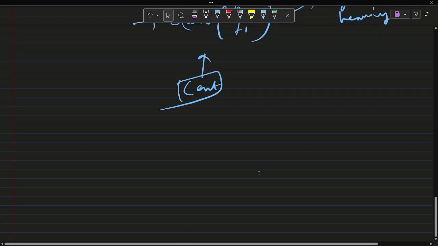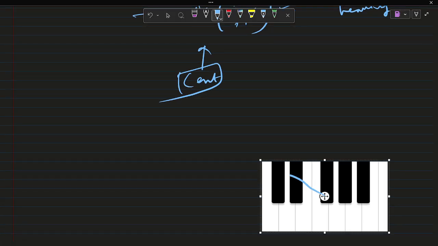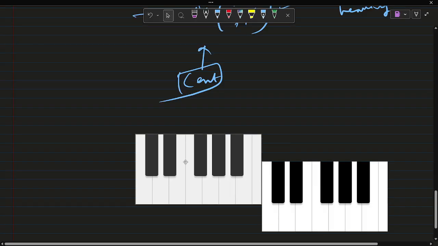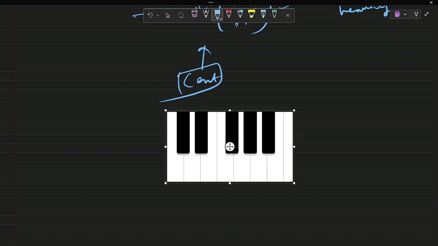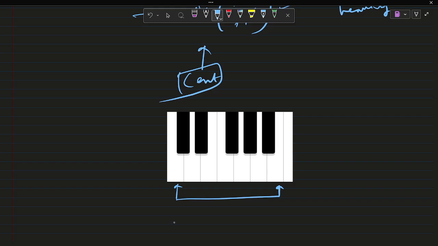Let me first take this thing again. As I have discussed, I'm not doing the label again. From here to here we have one octave.